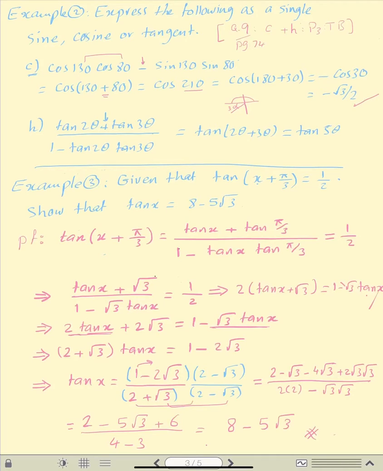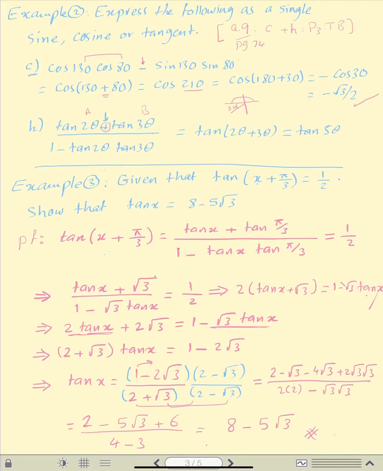Second one, or the second part, which is part H in the question: tan 2 theta plus tan 3 theta over 1 minus tan 2 theta tan 3 theta. This all equals to what? So remember, this is A, this is B. Since I memorized the formulas, of course, it's your turn to memorize it by practicing.